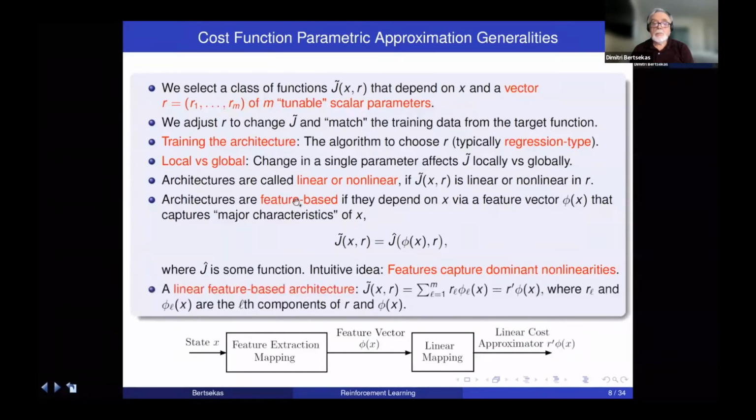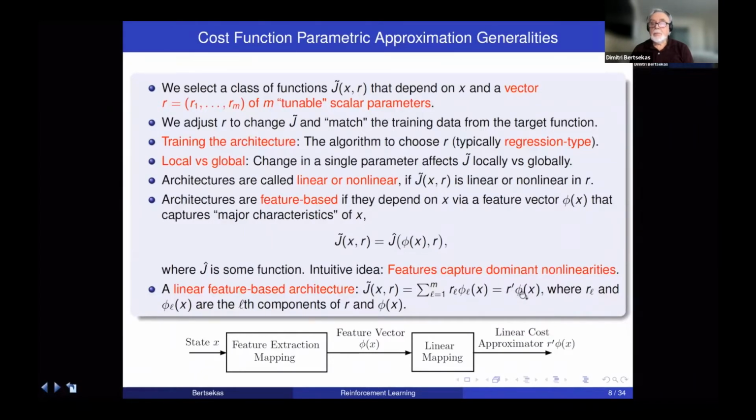So now, combining these two, what's a linear feature-based architecture? It is an architecture, an approximating function of this form here. This is what we use to approximate the target function. It depends on x through the features. These are the m features that constitute the feature vector. R is a vector of parameters, R1 up to Rm, and it is a linear weighted sum of the features, with weights being the parameters of the architecture.